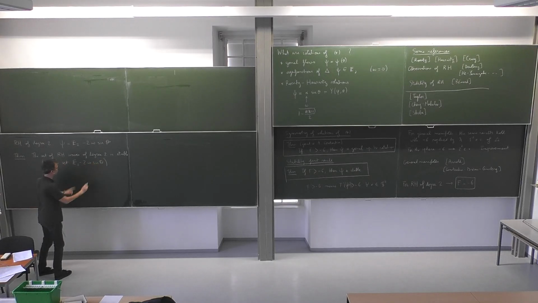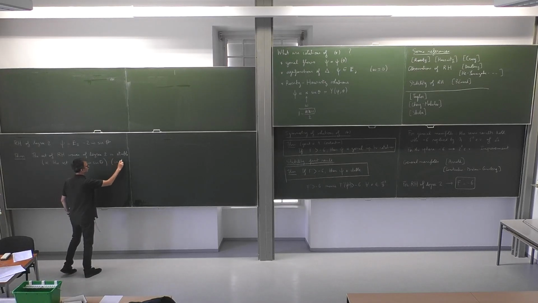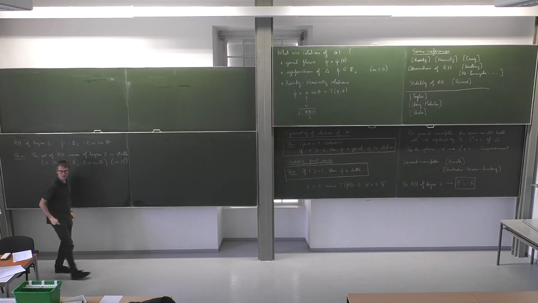If you start close to this set, you remain close to this set for any time. And this is true in H2, the two derivatives in L2. So it's L2 for the vorticity.